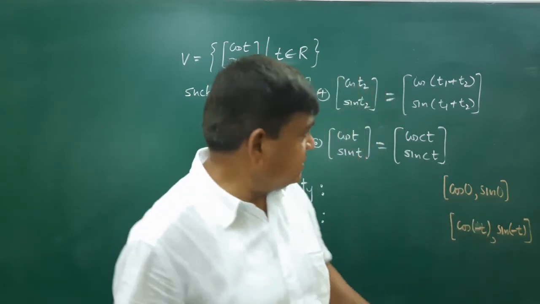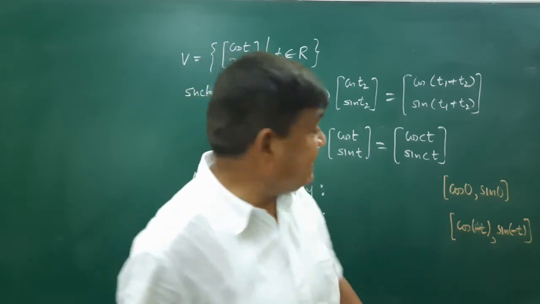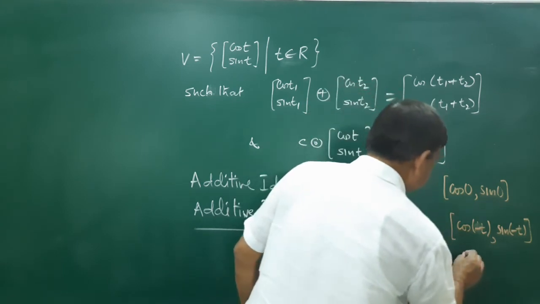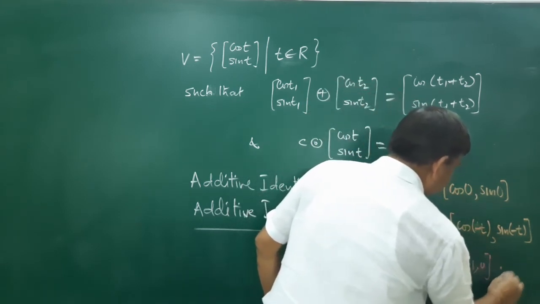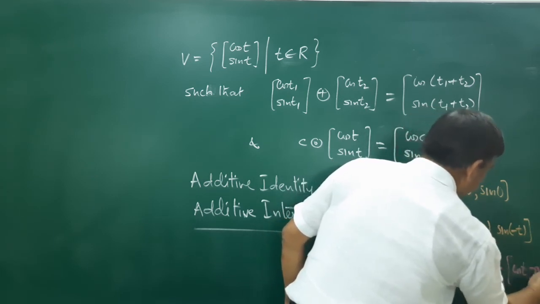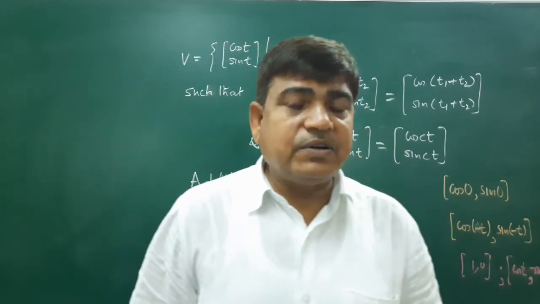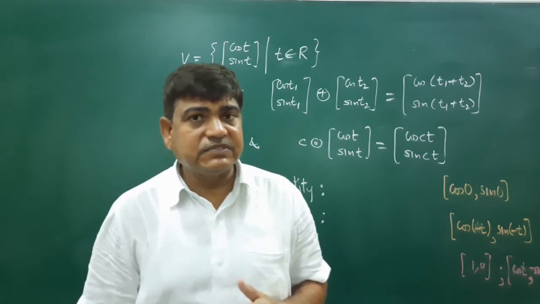Then I replied, whatever you have written is wrong. Then she wrote the answer as this is 1, 0, and this one is cos t, minus sin t. Then again I told her, pay proper attention and find it out.